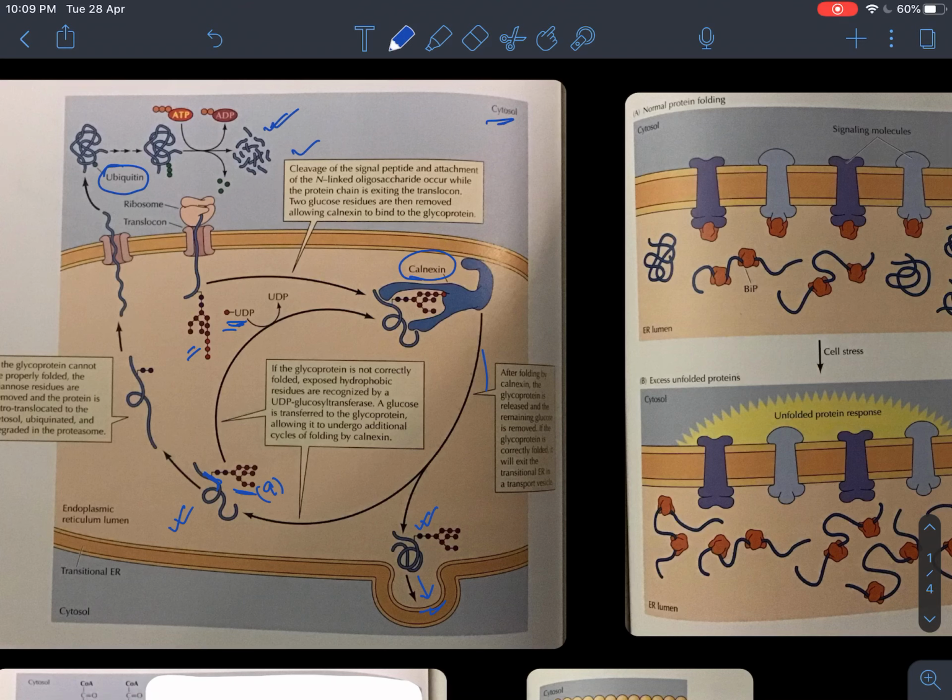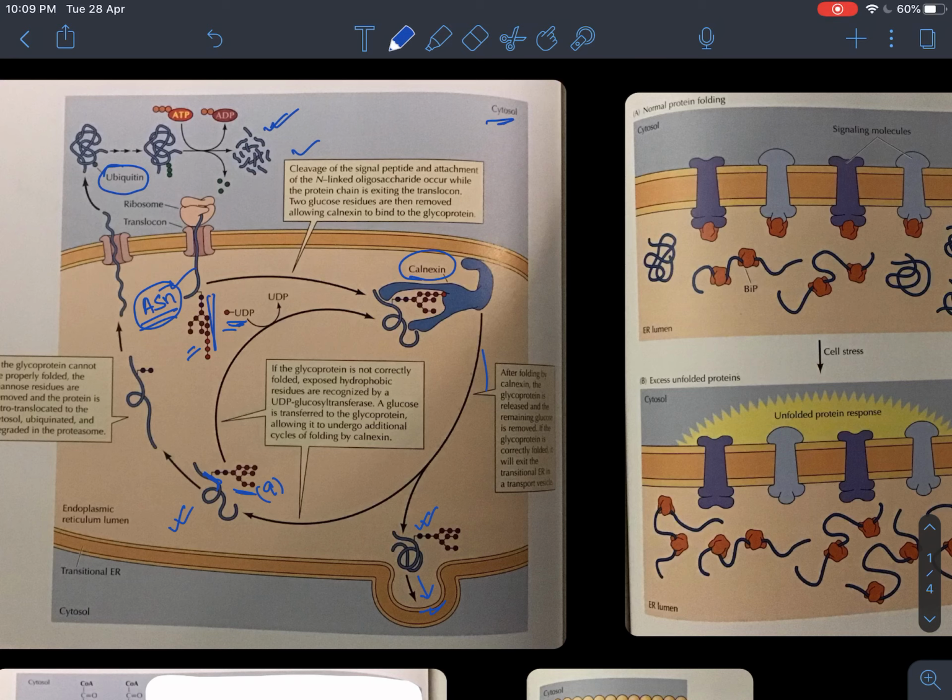We learned that first the N-linked glycosylation will happen co-translationally, and after that it will enter into the endoplasmic reticulum lumen, and glucose molecules and all these oligosaccharides will be linked on the asparagine residue. Okay, so this is a receptor asparagine residue, and then it will enter into the calnexin where the protein folding will occur.